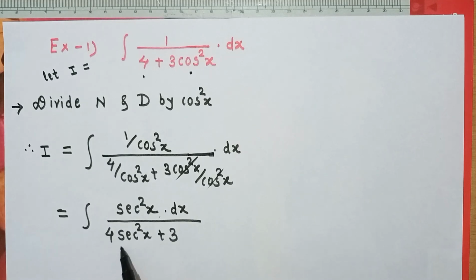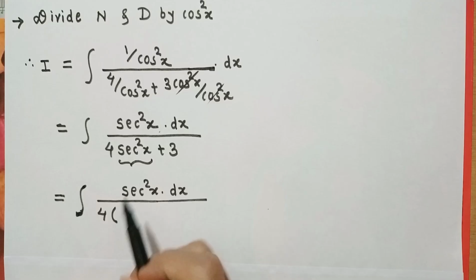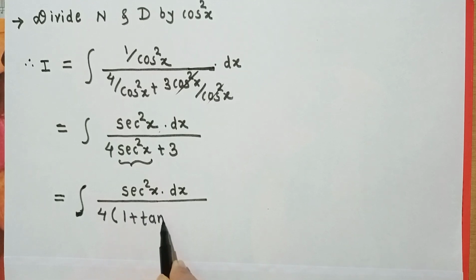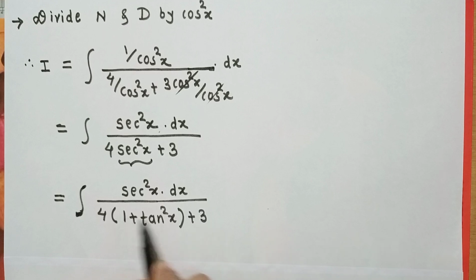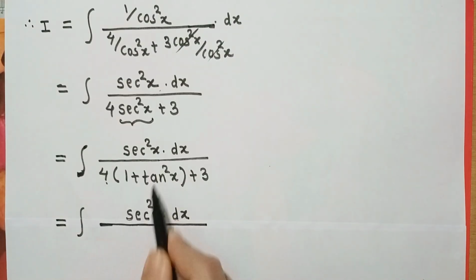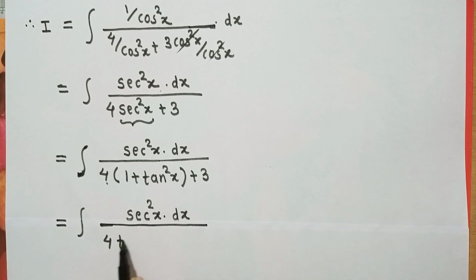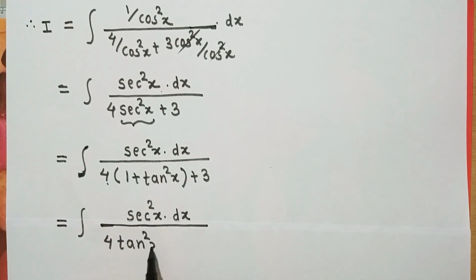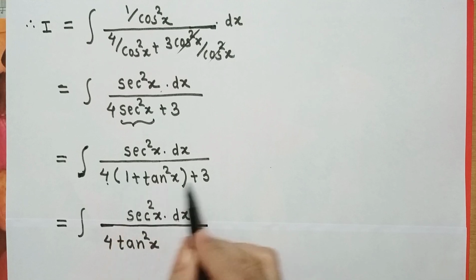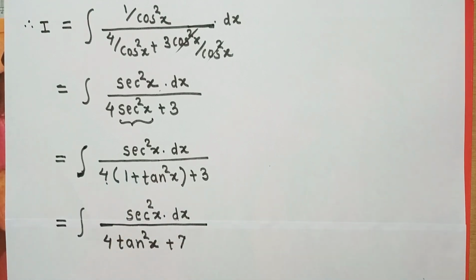Again in the next step we are replacing this sec square x by 1 plus tan square x. So instead of sec square x, 1 plus tan square x, and this is plus 3. Again simplify this denominator. So multiply 4 to tan square x, so 4 tan square x, and 4 ones are 4 plus 3 is 7.